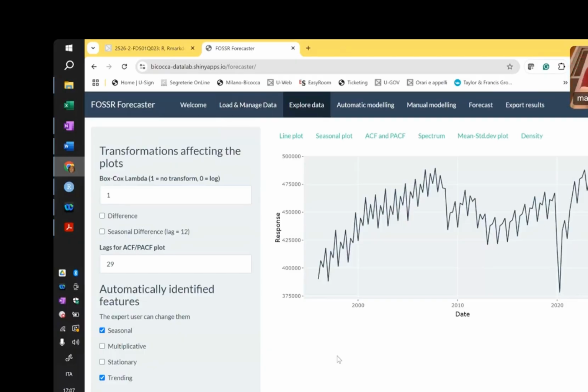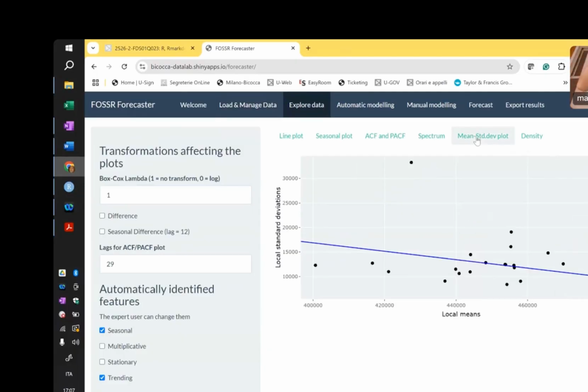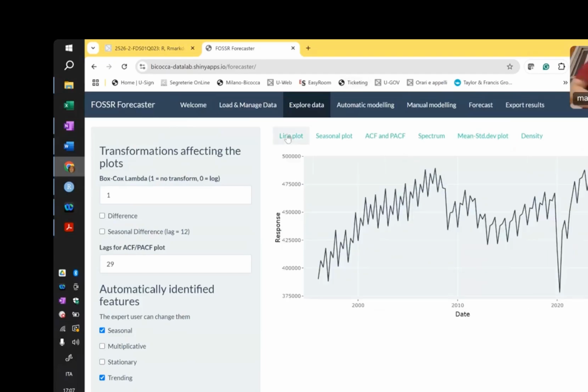For some reasons, which I think are related to how the National Statistical Offices build the GDP time series, we don't see any multiplicative type of time series. So it looks like the variability due to seasonality doesn't grow when the time series grows, which is strange. It's kind of irrational.